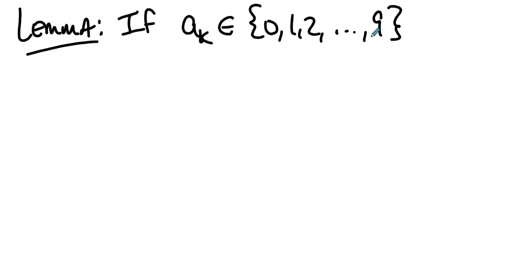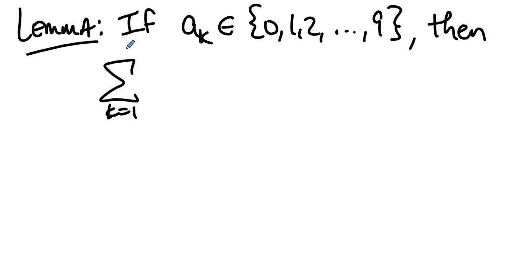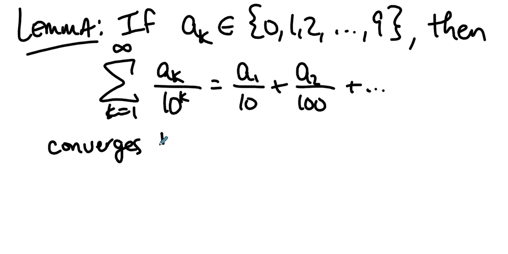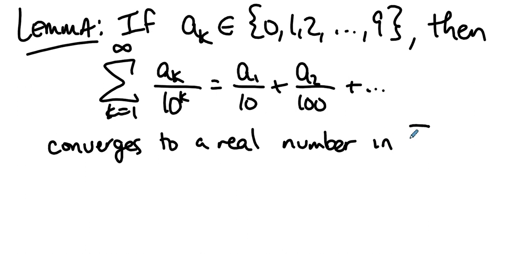If the a sub k's are chosen from the set of digits, and there are 10 in base 10, then the sum of the a sub k's over 10 to the k, and just to be clear, that's a1 in the 10ths place, a2 in the 100ths place, and so on, converges to a real number somewhere between 0 and 1.